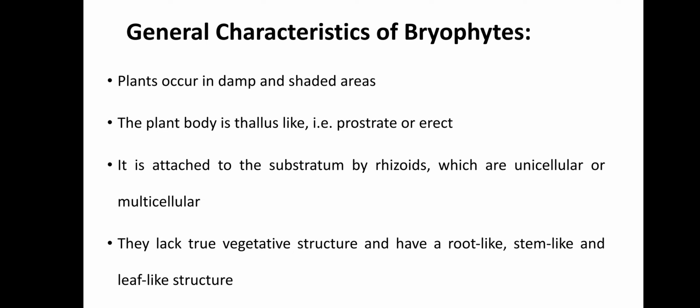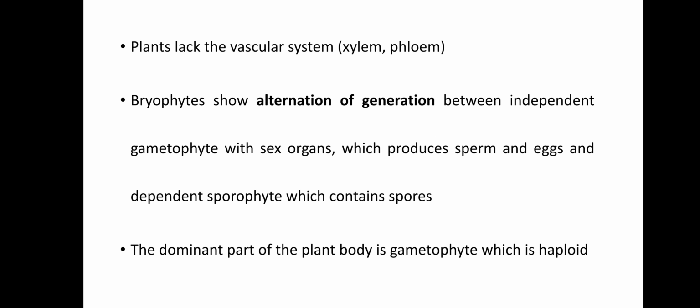They lack a vegetative structure with true root, true stem and true leaf; they have only root-like, stem-like and leaf-like structures. The plant lacks a vascular system, so it is called a non-vascular cryptogam.